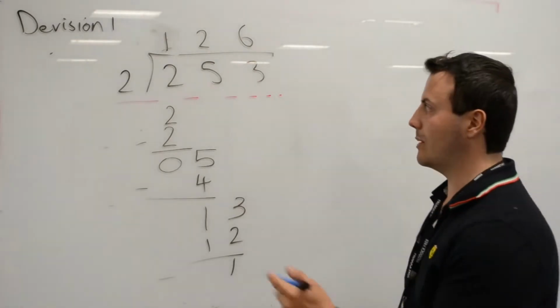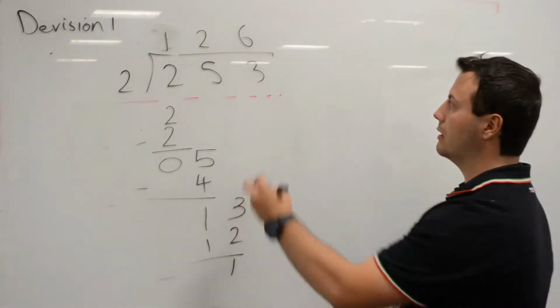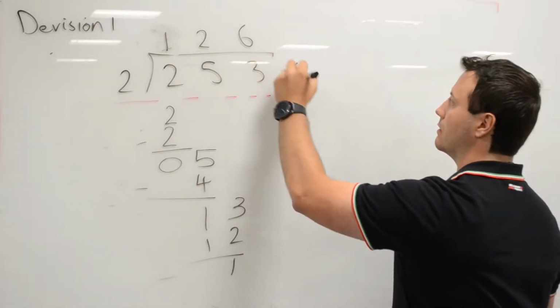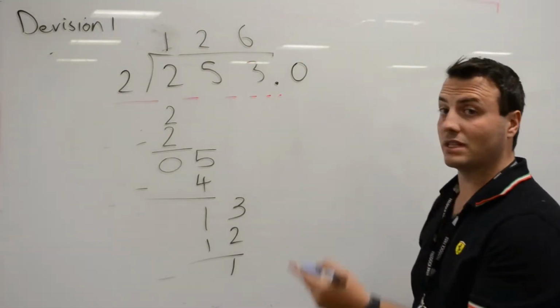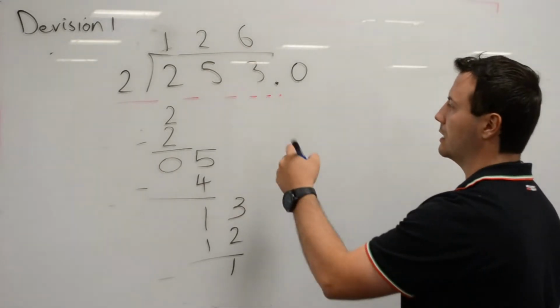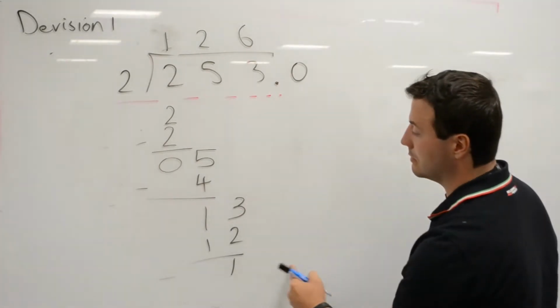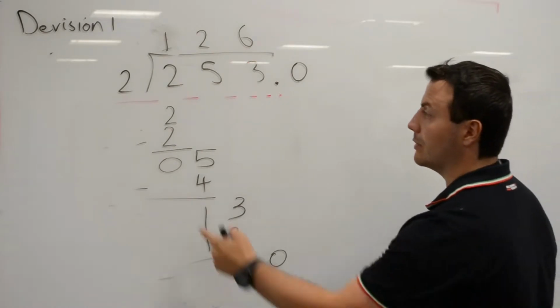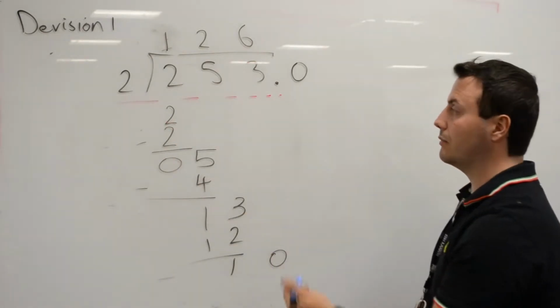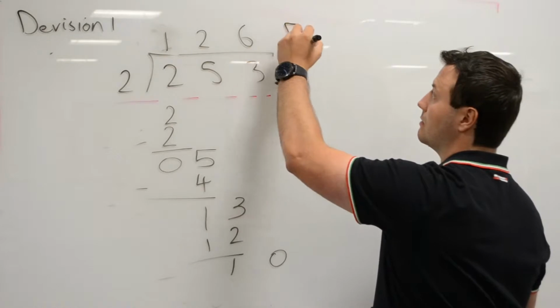So what we have to remember is this 253 actually contains hidden zeros after the decimal point. But this allows us to continue on with the question. So we can bring this 0 down here, and we keep going. How many 2's fit into 10? Precisely, 5 lots of them do.